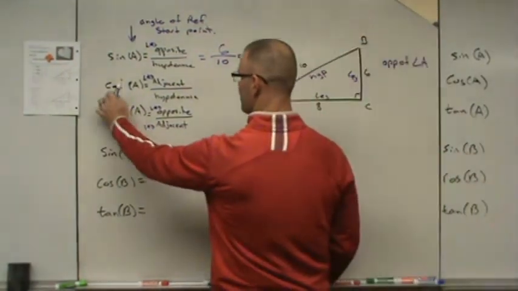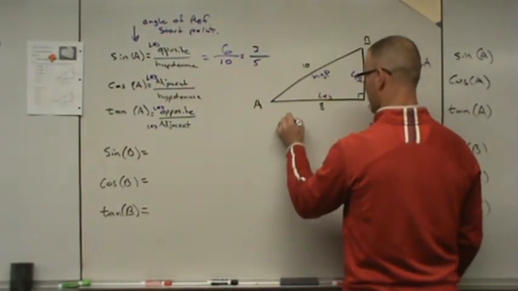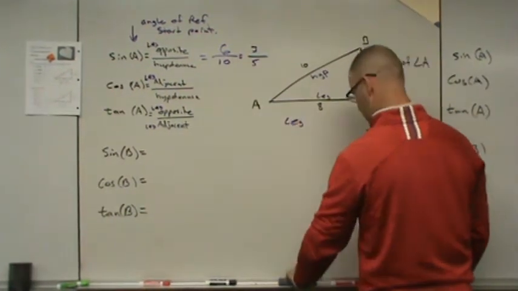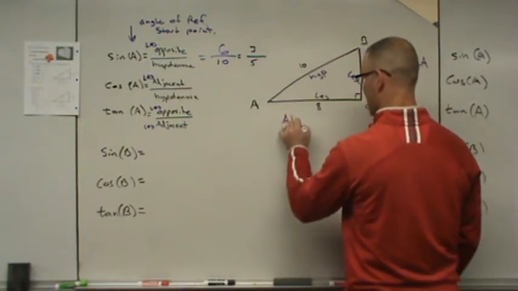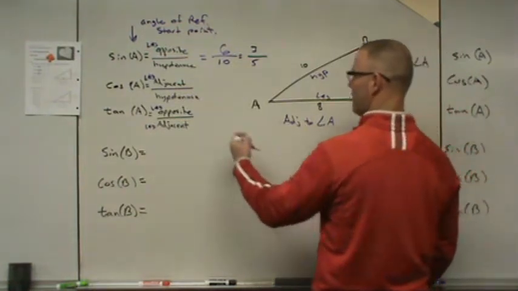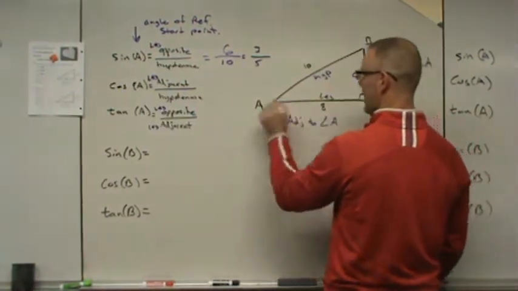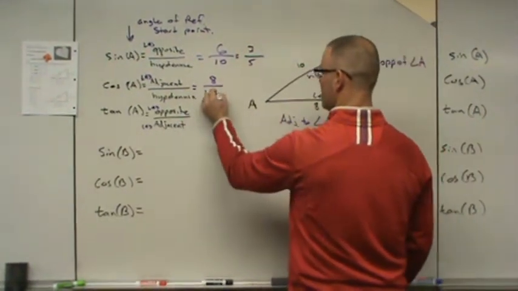Cosine, abbreviated COS, of A is the leg adjacent. Well, we don't need to put leg, leg is already there. We can put adjacent, ADJ, to angle A. This is the leg adjacent to A. So the value of the leg adjacent to A is 8. So this is equal to 8 over the hypotenuse, which is 10.